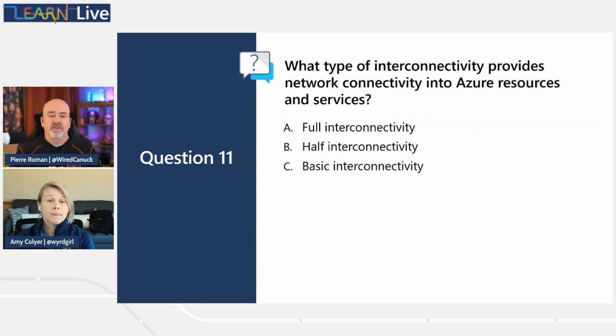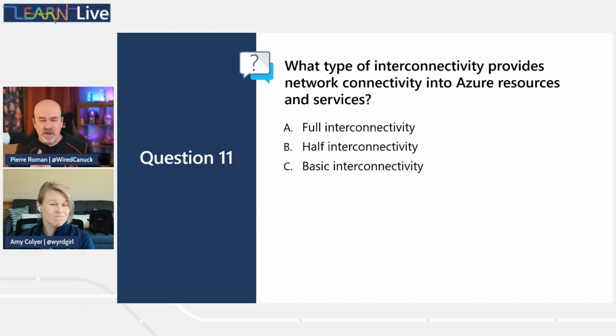And what type of interconnectivity provides network into Azure resource and services? Well, this is kind of tricky because full gives connectivity, but half, I didn't even hear of that. So half doesn't sound good. And then basic. So it's probably like, what's the minimum you need to connect?